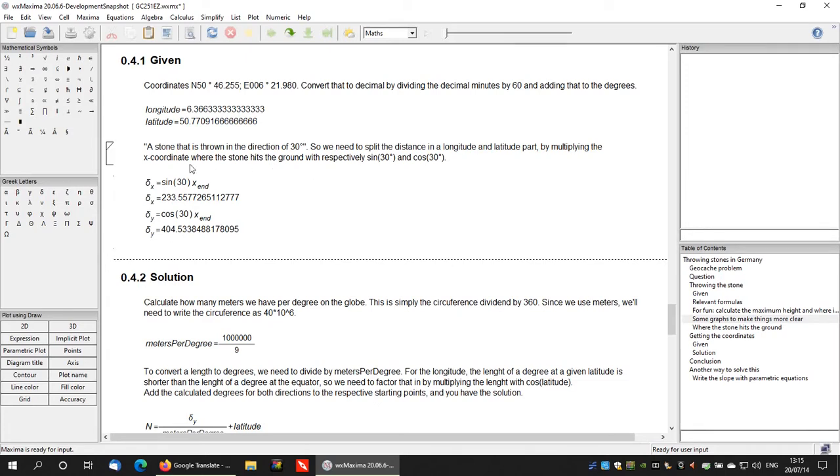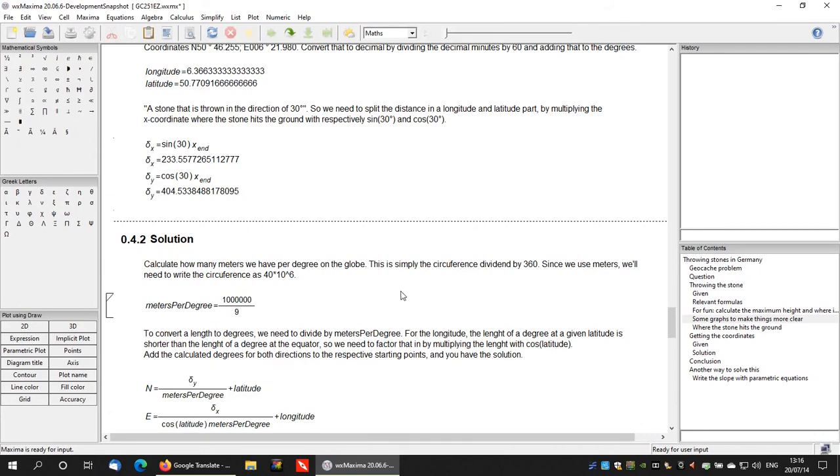That's where our stone lands if you start from here. So now we have a number of meters in east and north direction.